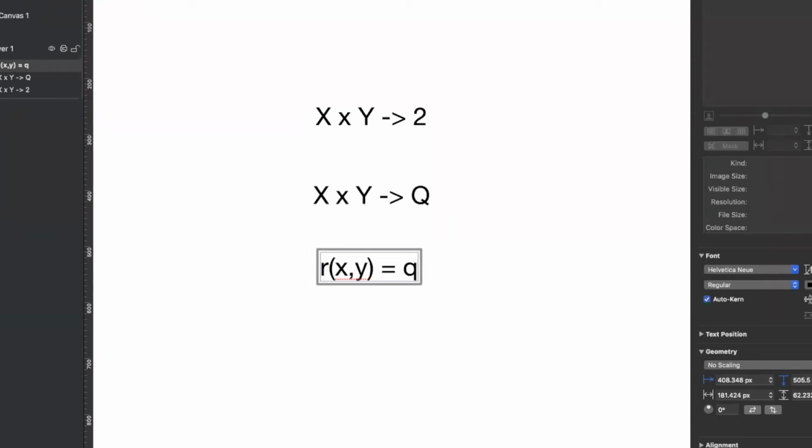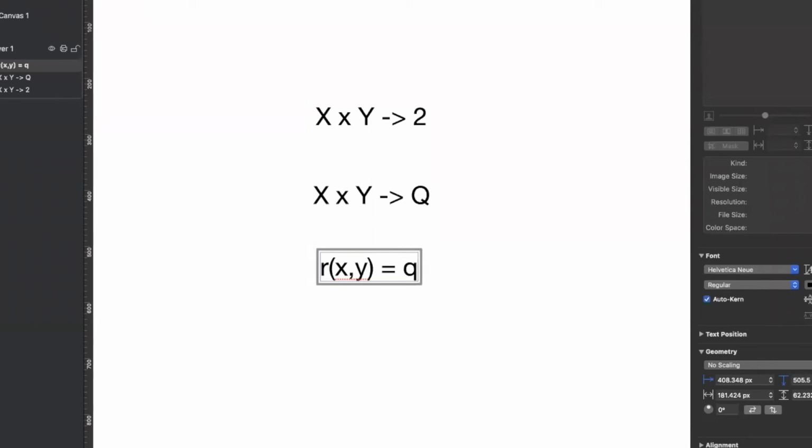That's correct. And in fact, every finitely presentable quantale is going to be a version of the free quantale with some extra relations.